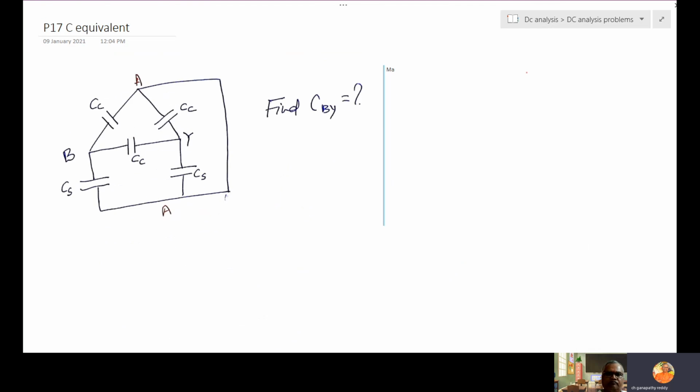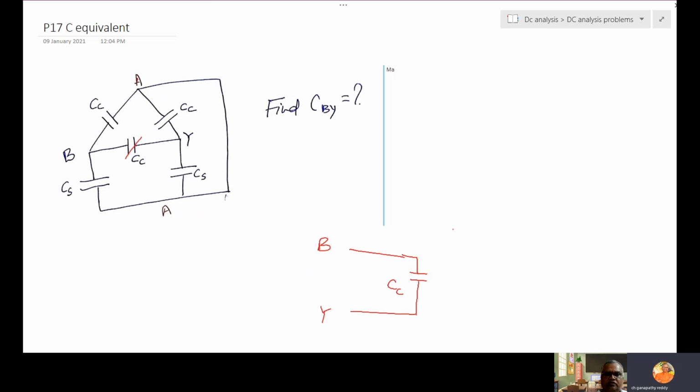Find CAB. So it looks like some odd combination. Find CBY. So the best technique is to take B and Y outside. Between B and Y, there is one capacitor, CC.